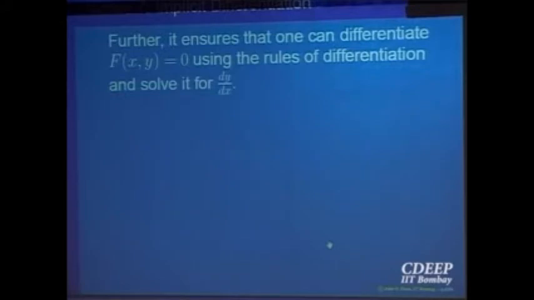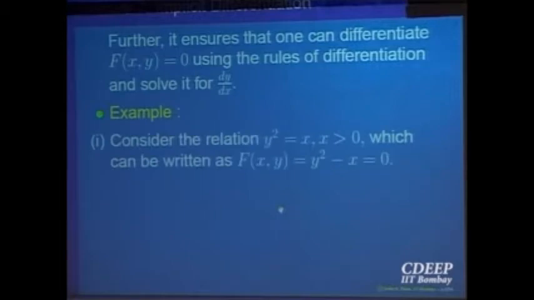So presently we will just assume that whenever you are given an implicit relation, that implicit relation does represent y as a function of x, and you can find dy by dx by using your chain rule. So for example, let us look at y square equal to x, x bigger than 0. You can write it as y square minus x equal to 0.